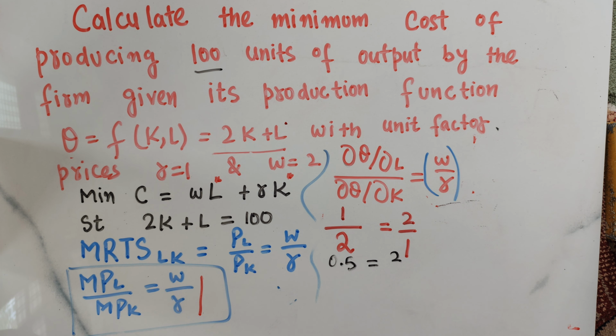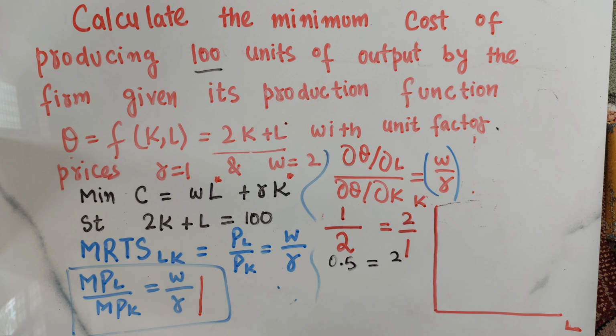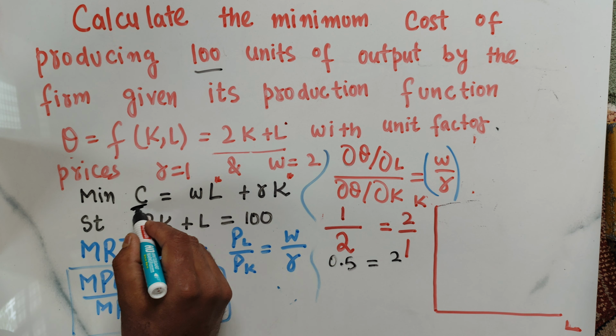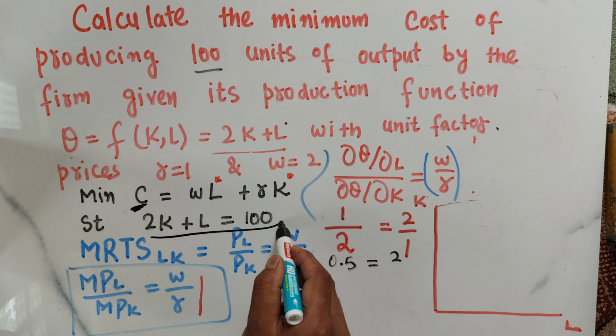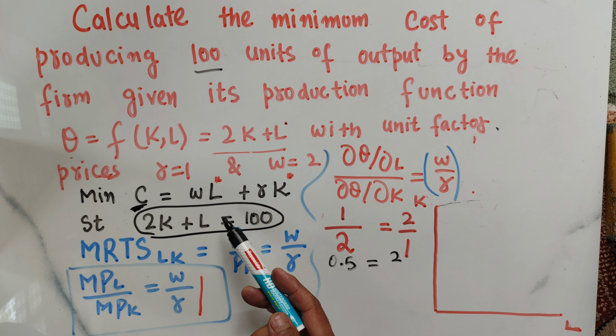So what happens here? If I draw a simple graph, we have labor on the horizontal axis and capital on the vertical axis. We want to minimize the cost. The production constraint is given. So what is the slope of the production constraint, or the slope of the isoquant?